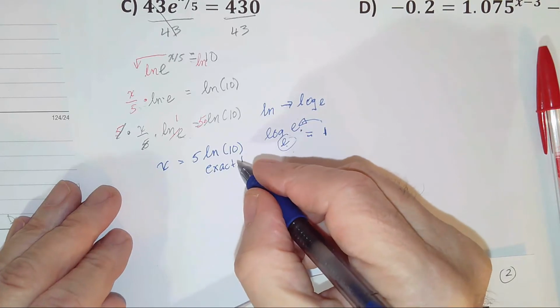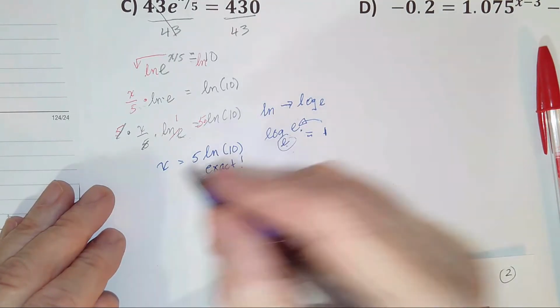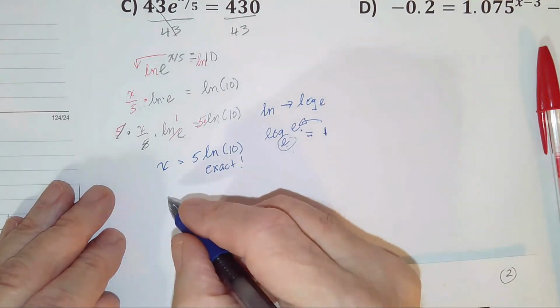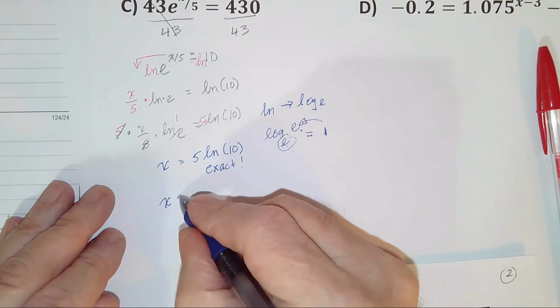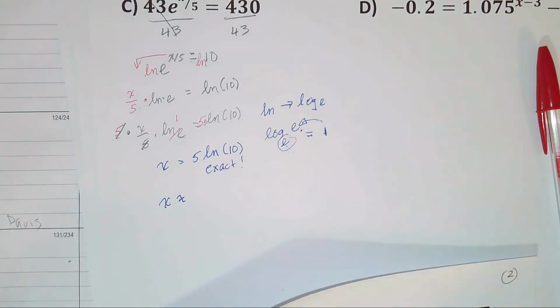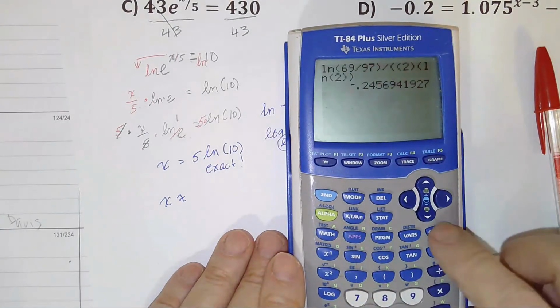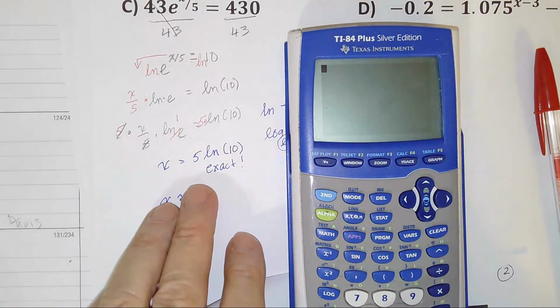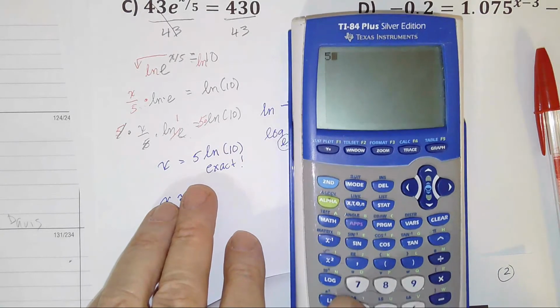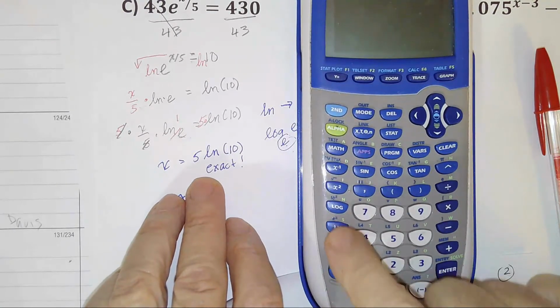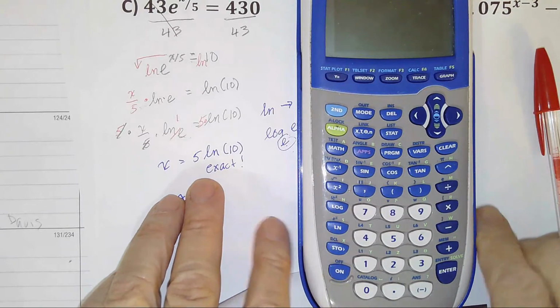I want to find the, I'm sorry, the decimal version. So it's approximately, take my calculator. And this one's simpler to do. Let's see, we have 5 times the natural log, okay, and then put in 10.